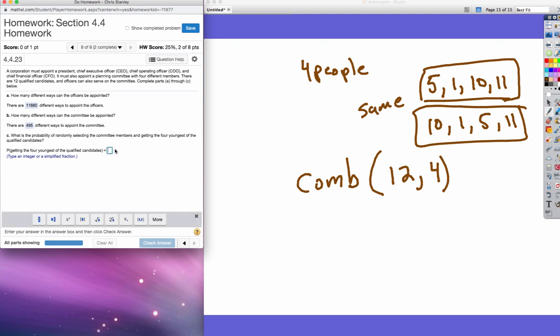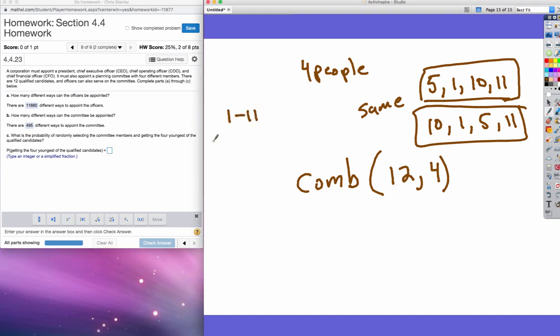Okay, getting the 4 youngest of the qualified candidates. Out of these 1 through 11, let's say 1 is really young, 4 is really young, 9 is really young, and 11 is really young. So let's say these are your 4 youngest candidates. Now what's the chance of getting these 4 candidates?